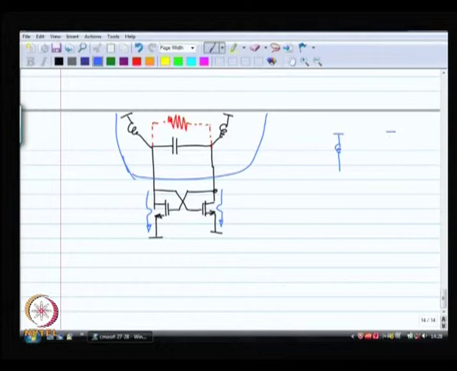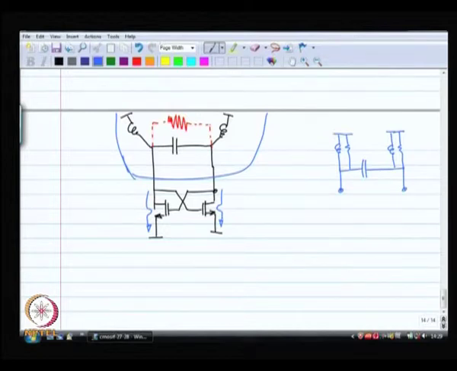Actually, the resistor does not appear there. This is what you have, right.